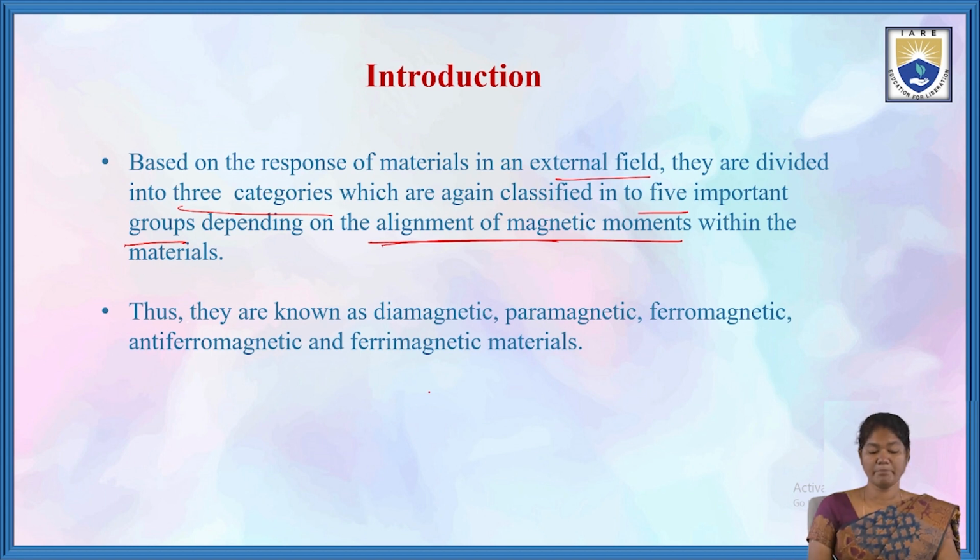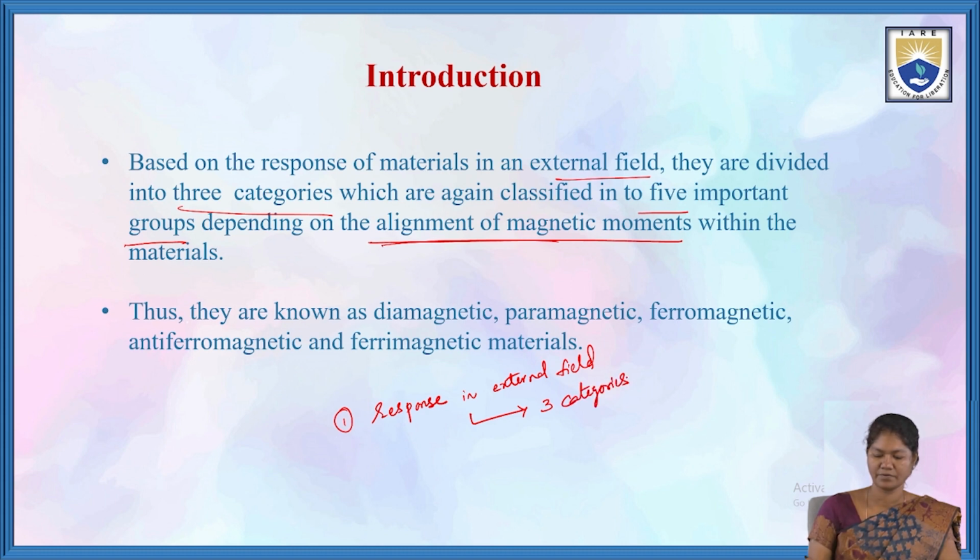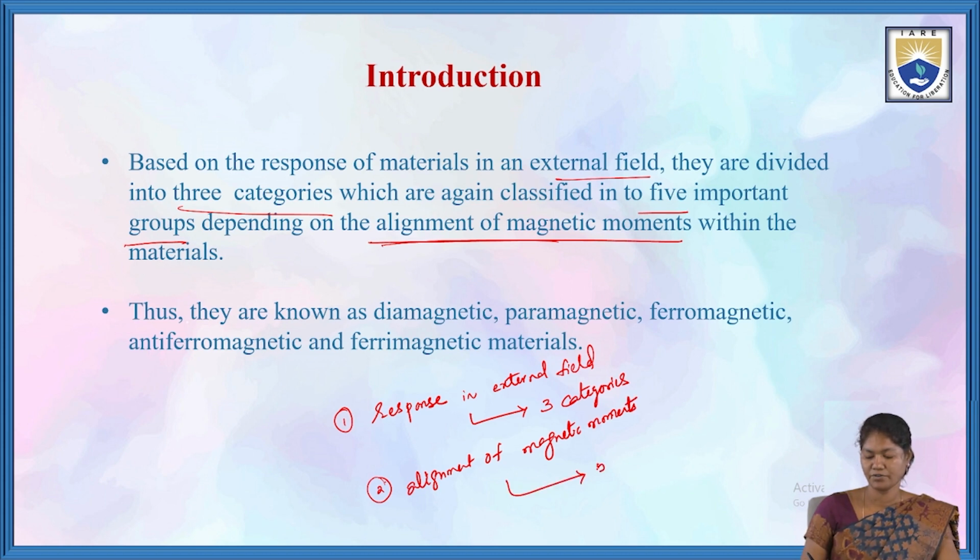So based upon the response in an external field, they are divided into three categories, and again classified depending upon the alignment of magnetic moments within the material, they are divided into five groups.